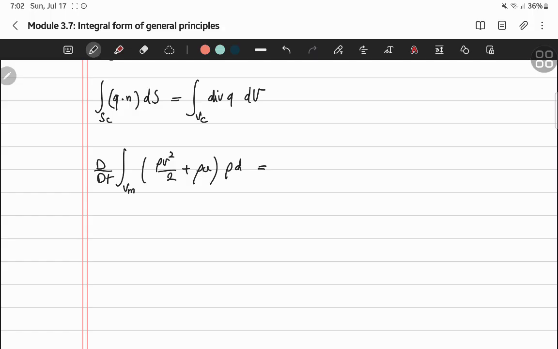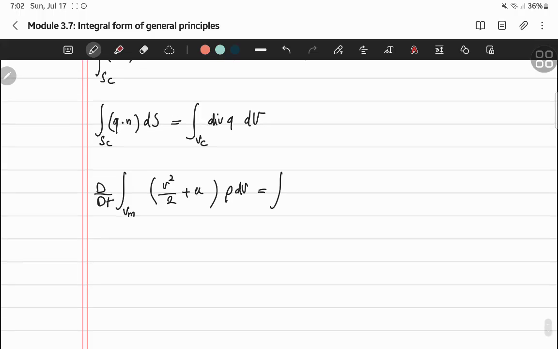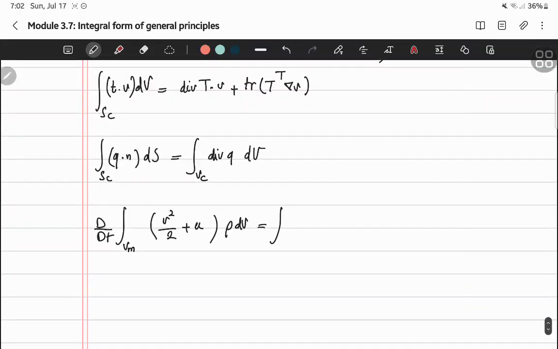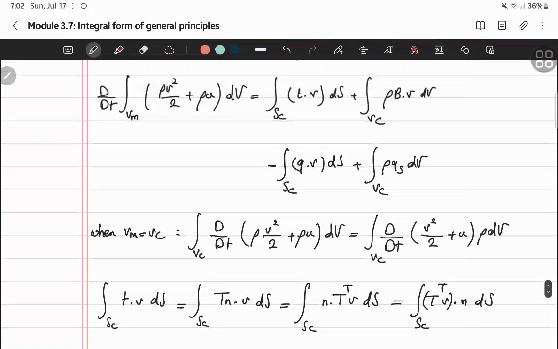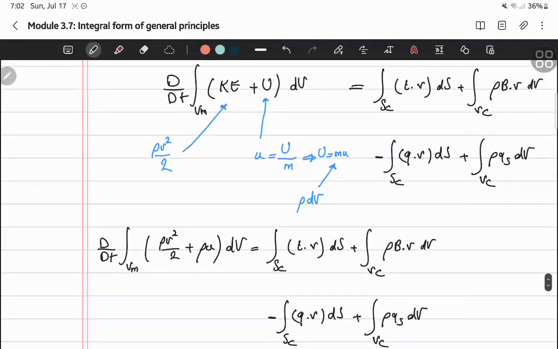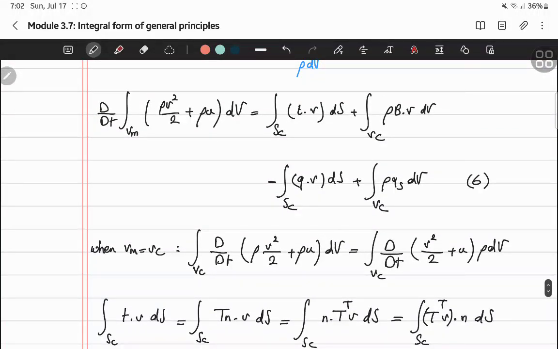So rho dV, this is u, and here we have v squared divided by 2. So it is first this expression here. So on V_c, you have the divergence of t dot v plus the trace of t transpose del v, plus we have, let's call this 6.